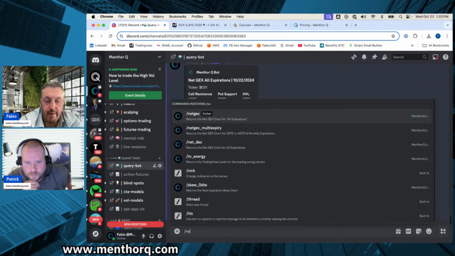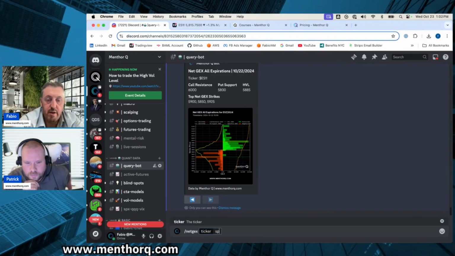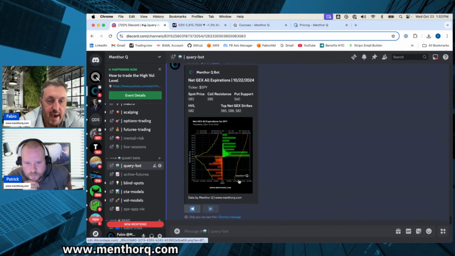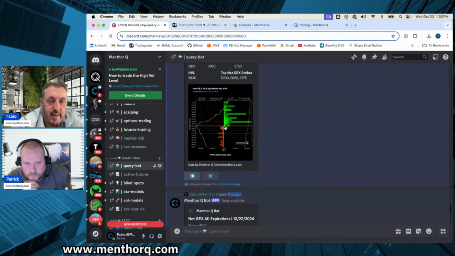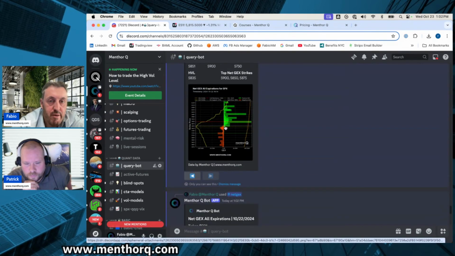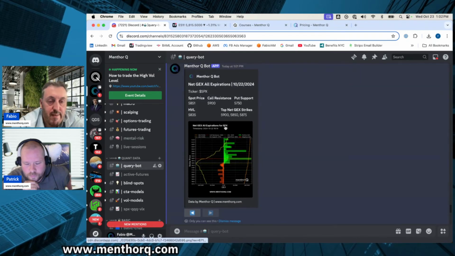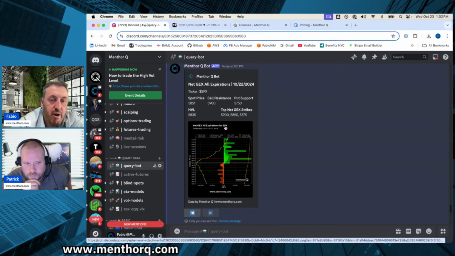So if we look at correlated assets, we have those three assets: one ETF, one index, one future. You can clearly see that the net gamma exposure chart for those assets is different. The reason is very simple: they have different option chains, and they also attract different customers. So always think, who is trading SPX, who is trading SPY, and who is trading the ES futures?